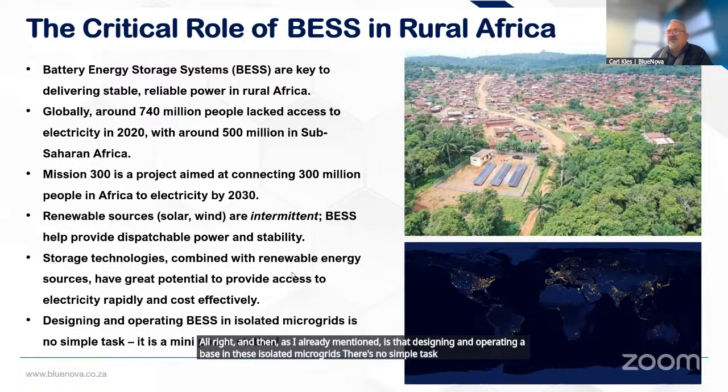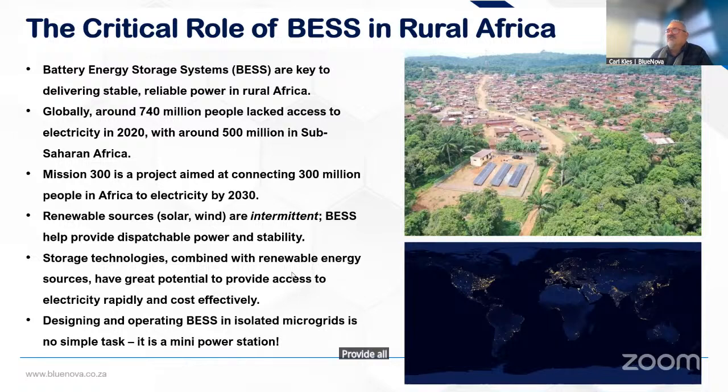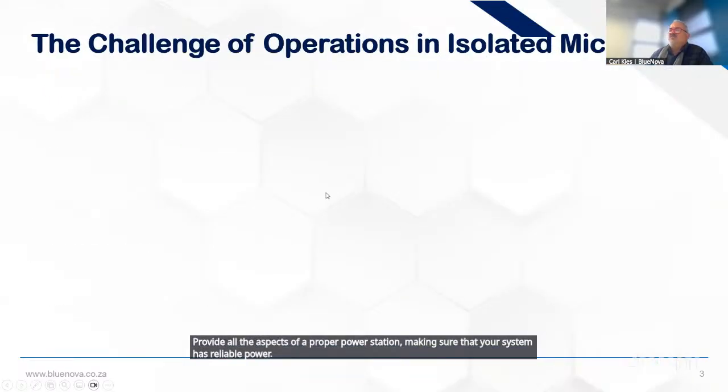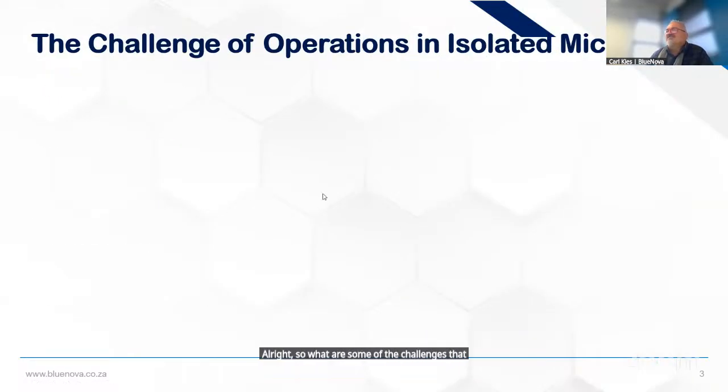Okay, it's not overly complicated, but it's also not that simple because it is a mini power station. It's got to provide all the aspects of a proper power station, making sure that your system has reliable power. Right. So, what are some of the challenges that you face in these isolated microgrids?